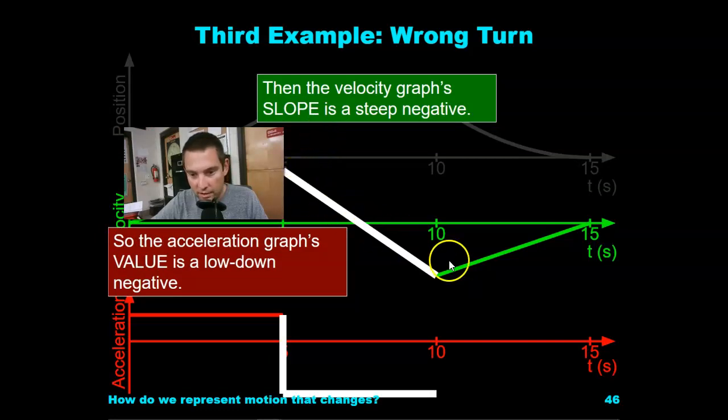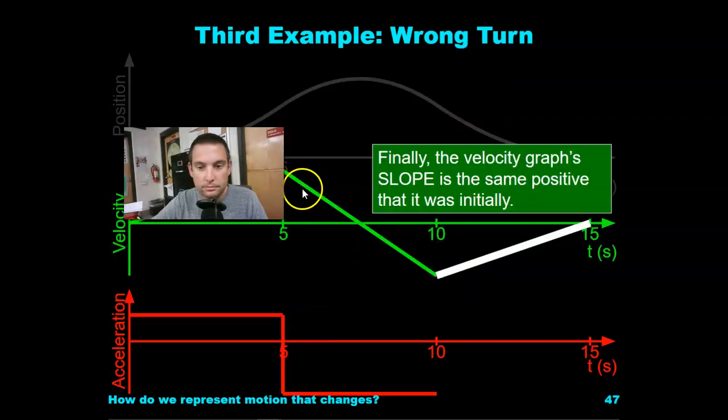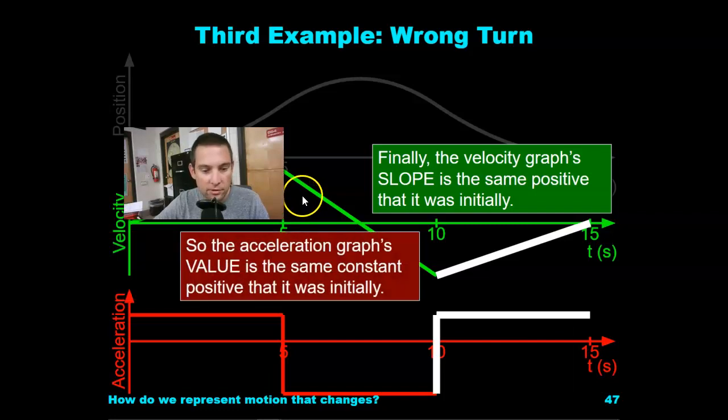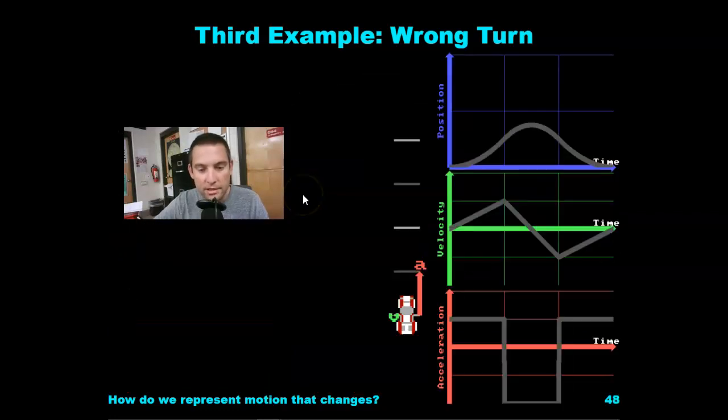Notice that it's a straight line. This crossing the x-axis only affected this position graph. That's where the change in direction is noted. Acceleration is still just this whole big line segment. Finally, the velocity graph slope is the same positive that it was initially. Parallel lines. So the acceleration's value is the same constant positive it was initially.